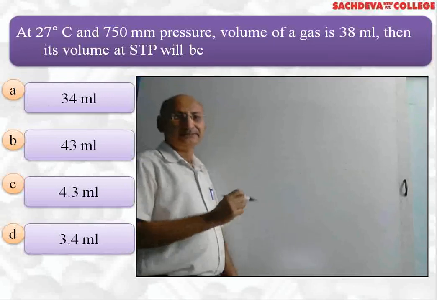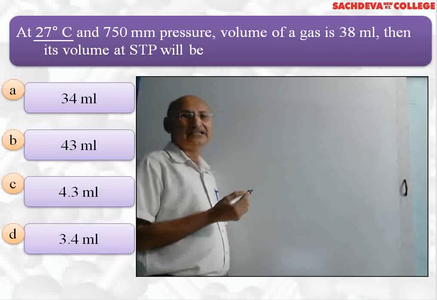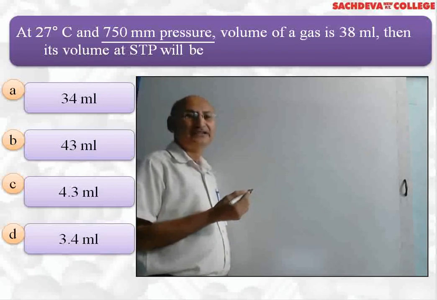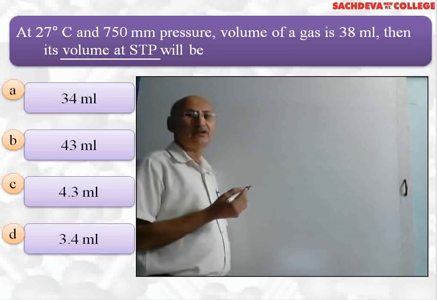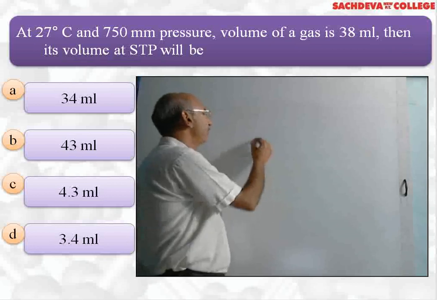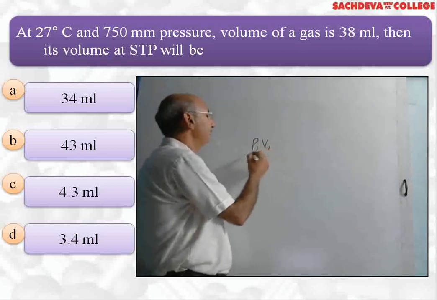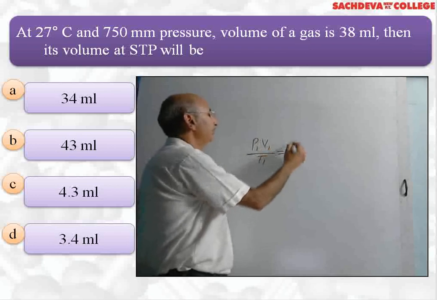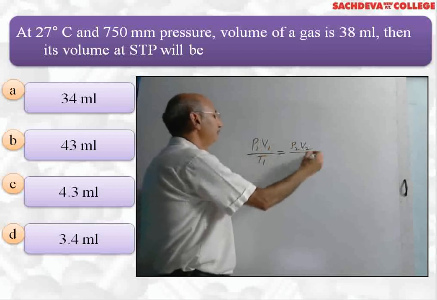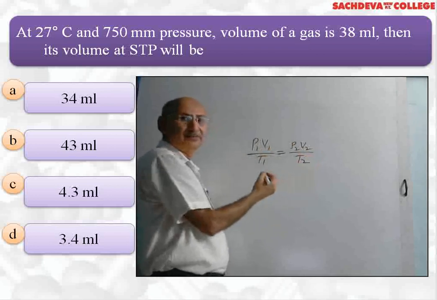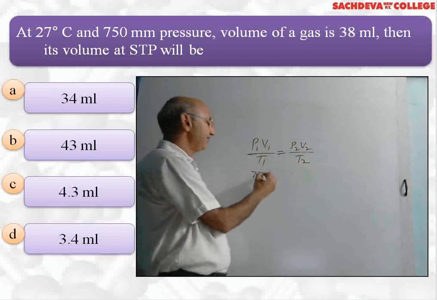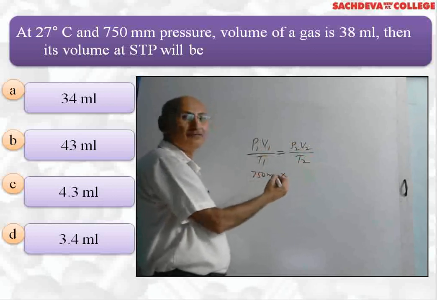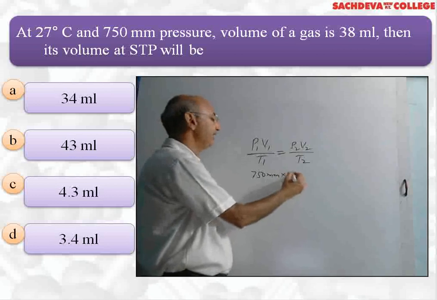Next question. At 27 degrees centigrade and 750 mm pressure, the volume of gas is 38 ml. We have to calculate its volume at STP. Here formula applicable will be P1 V1 over T1 is equal to P2 V2 over T2. Initial pressure is 750 mm and volume V1 is 38 ml.